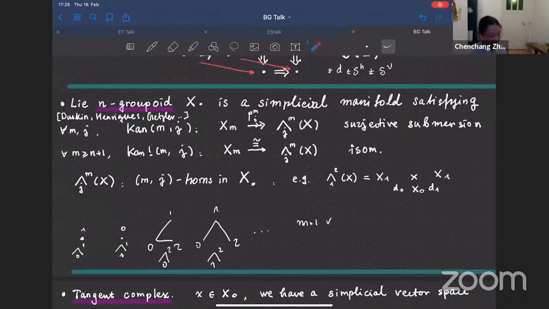You can inductively show that these horn spaces are going to be manifolds, so you don't have any worries.